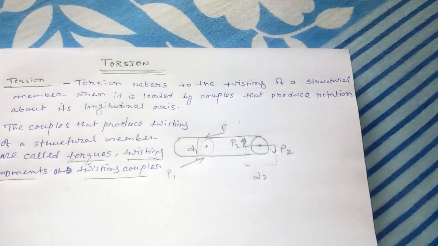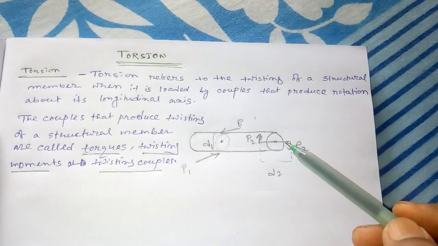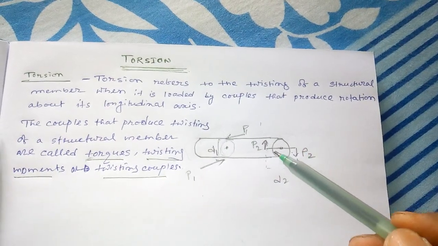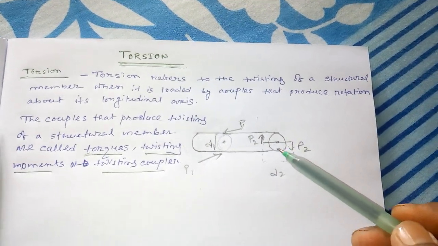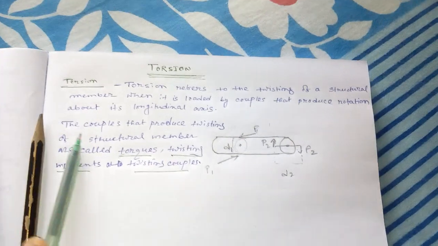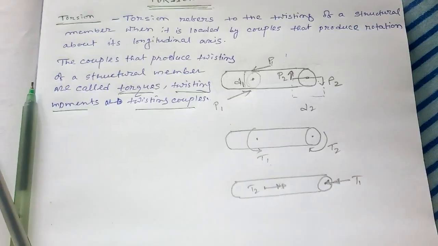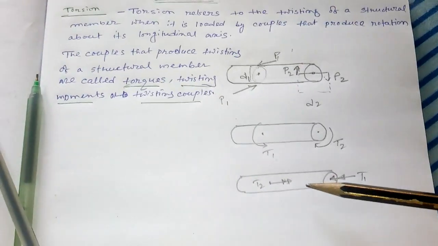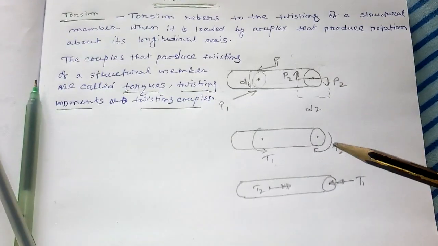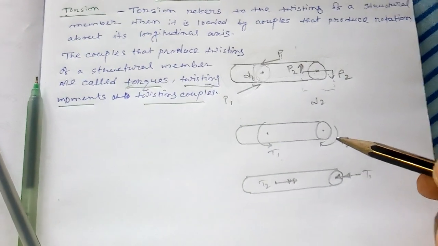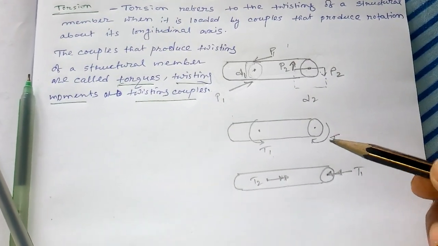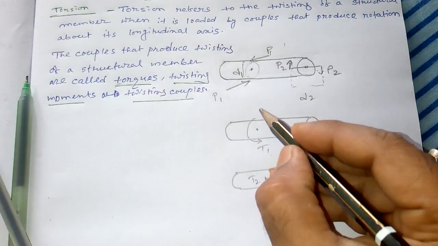Now this can be represented by this diagram also. We can represent the forces like this, or with two different representations, like this and this. That means we are indicating by a curved arrow, where T1 is nothing but the couple.